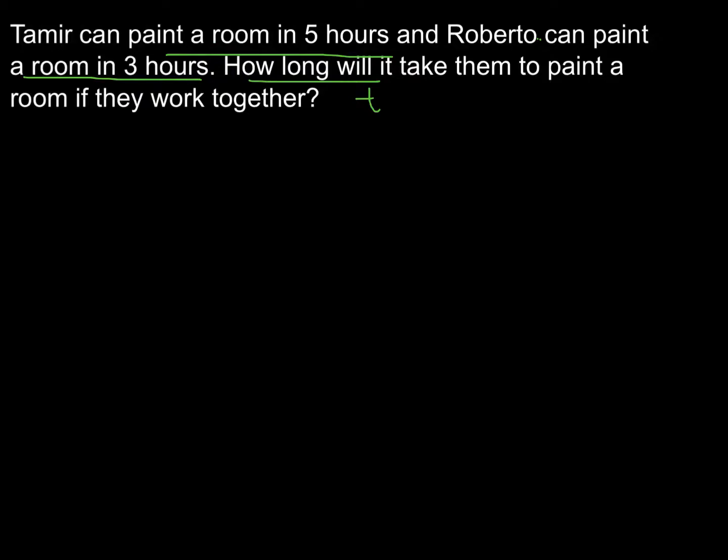So if I'm creating a sentence that ends with them painting 1 room together, it's the part that Tamir paints plus the amount of the room that Roberto paints, that's got to equal the number of rooms. And in this case, that happens to be 1. So this is going to end up being 1 room.